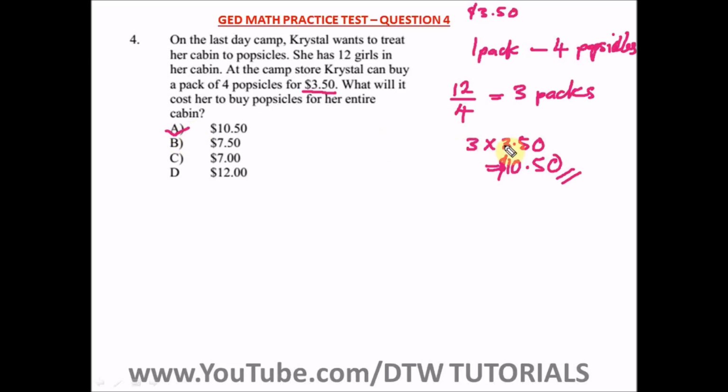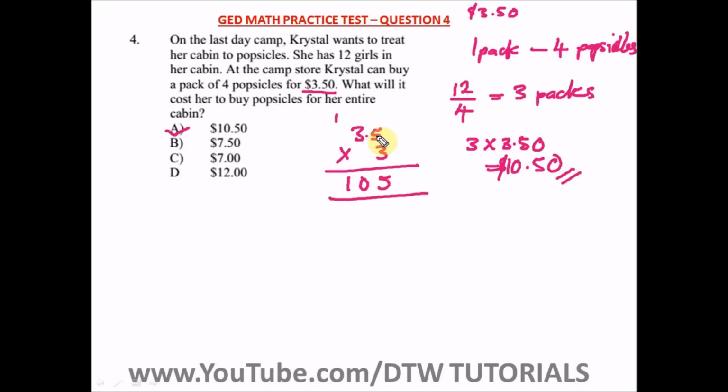Or better still, to know how I got the $10.50, you just do it this way. 3 times 5 is 15, so you drop down a 5 and carry 1. 3 times 3 is 9, and 9 plus 1 gives us 10.